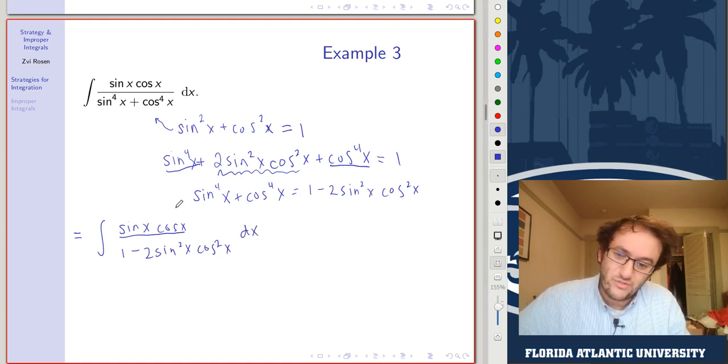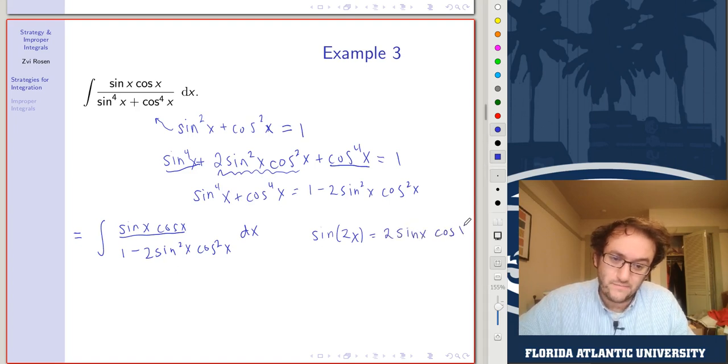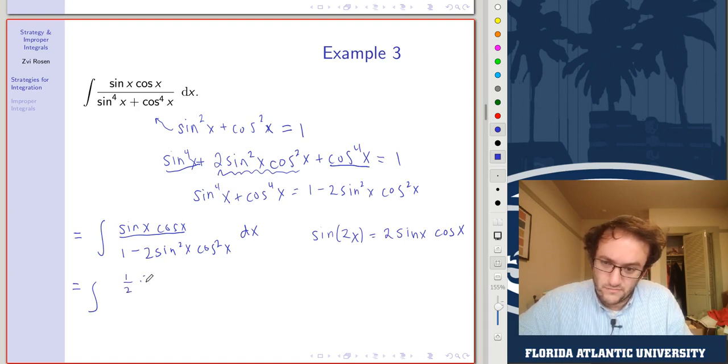Okay, the next trig identity I want to use is the double angle formula, because when we have a product of sine and cosine, we recall that sine of 2x equals 2 sine x cosine x. So this is equal to, in the top we have 1/2 of sine of 2x.